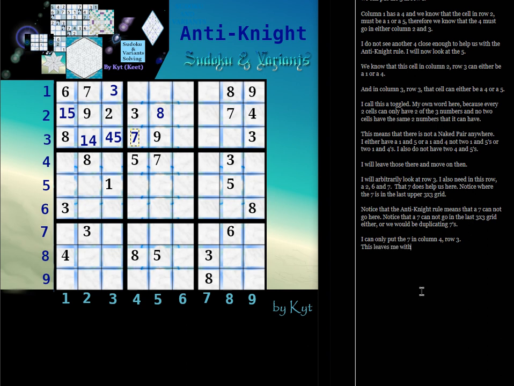This leaves me with the 1, 4, 5 toggles and the 2 and 6 numbers.